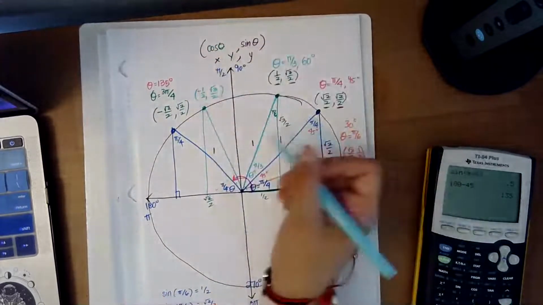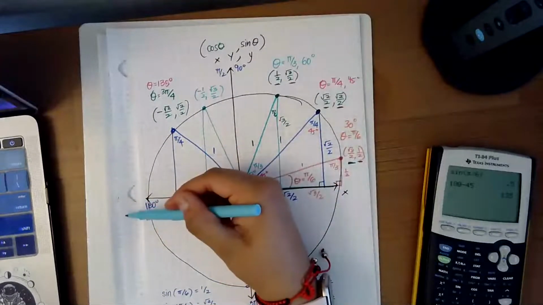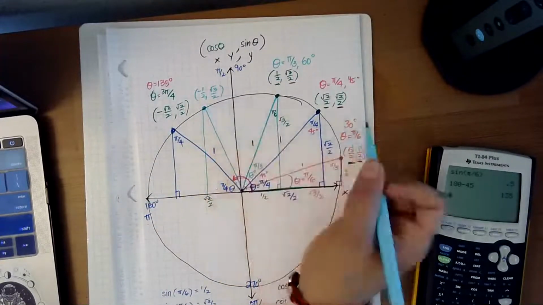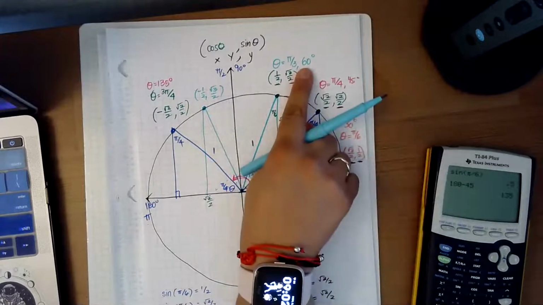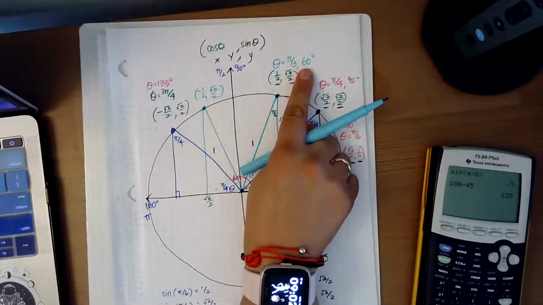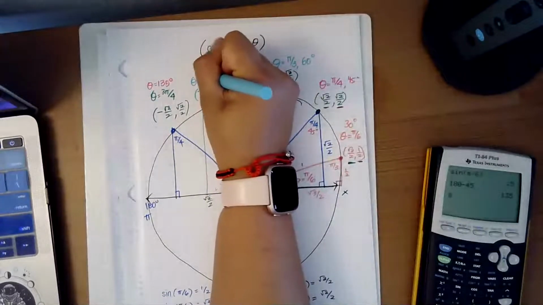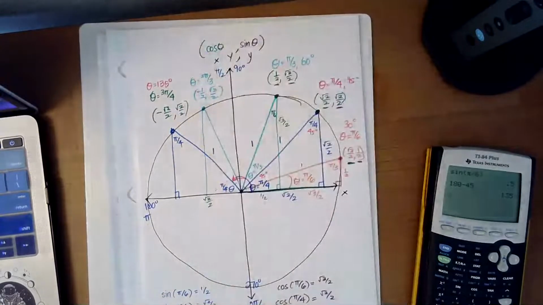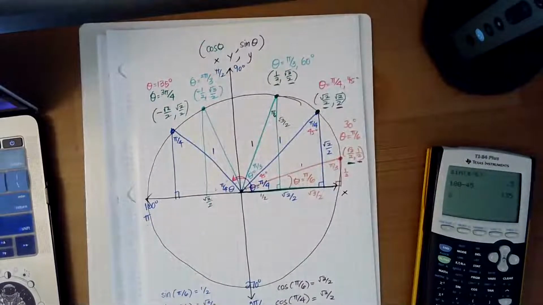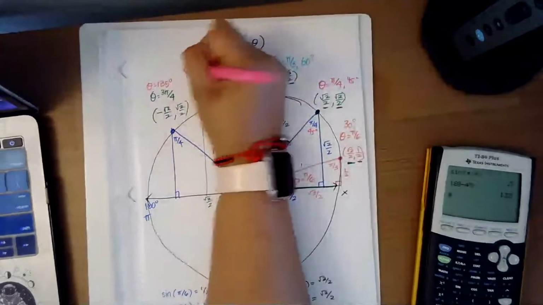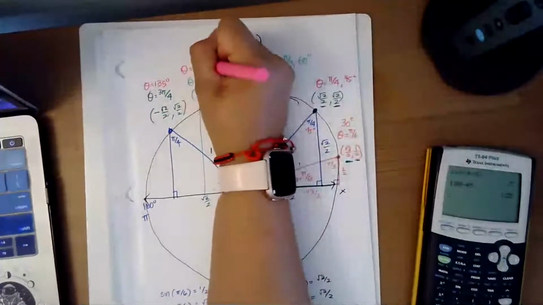And now, if this is 180 and I took away 60, I'm at 120. And 120 is twice 60. So that's going to be theta equal to 2 pi over 3. Okay? So this right here is 120.